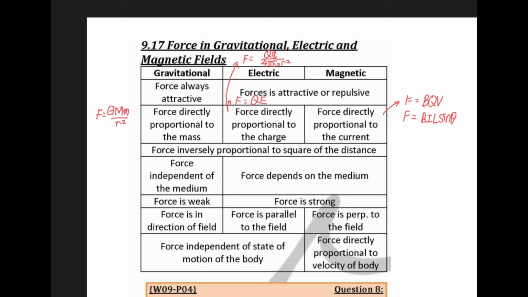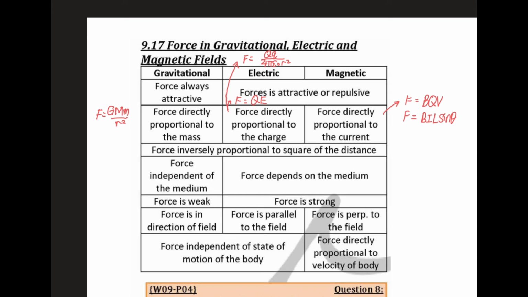This is another option, where you will realize that it is directly proportional to the product of the charges and inversely proportional to the distance between the charges. You will realize that this and this are the same or similar format.